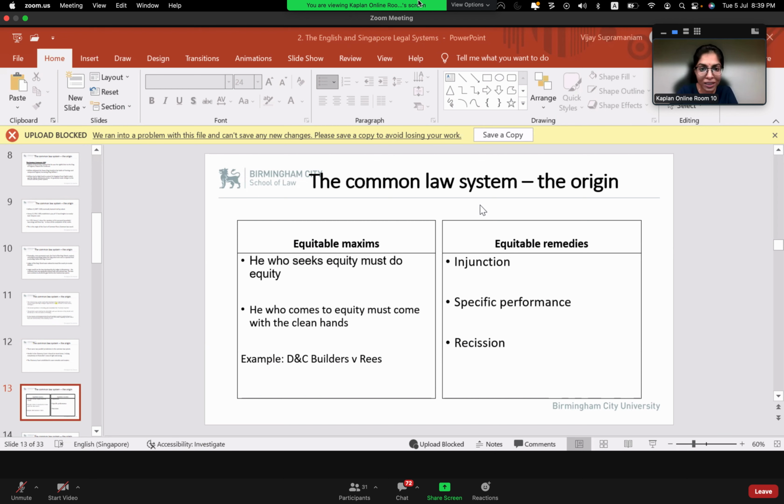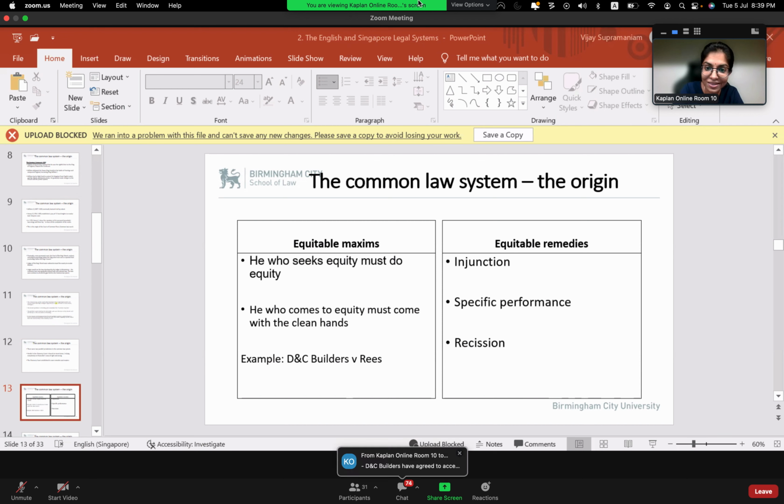So this case is so interesting because now you understand the facts, right? Mr. and Mrs. Reese basically argued that this is against promissory estoppel, which means DNC Builders agreed to accept a lower price, hence can't go against their promise.